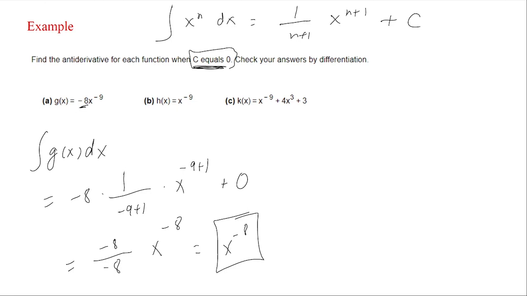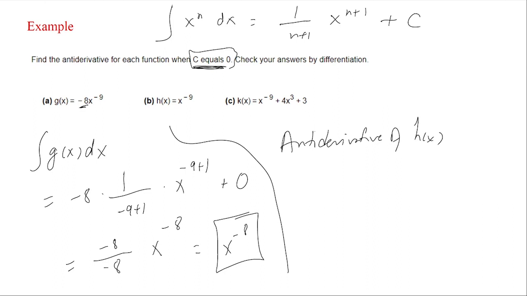So that's how we find the antiderivative of all these different functions here. For this one, we can use the same trick. The antiderivative of h of x is equal to 1 over n plus 1.